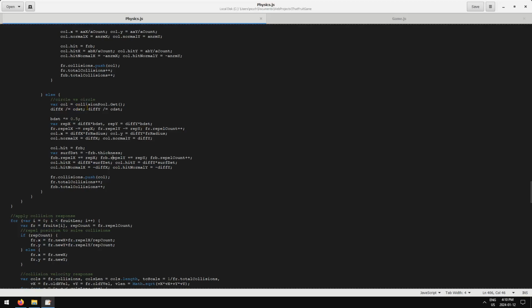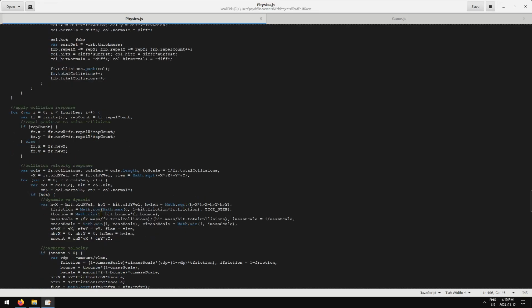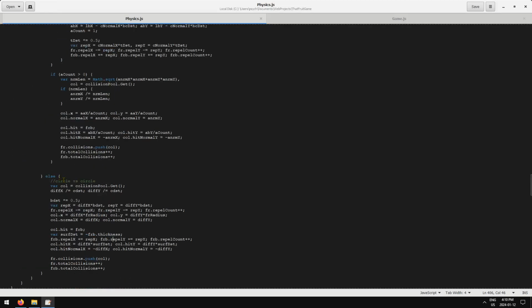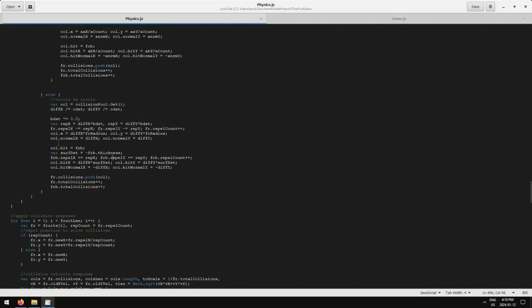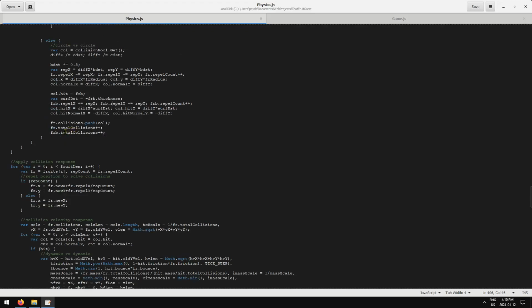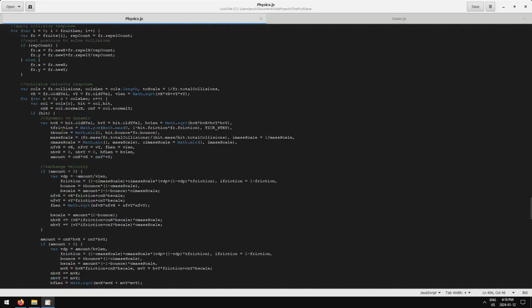When I went to program this collision velocity response, I found it was way easier to just have one collision object, store that in one of the objects, and then just count the total collisions. The reason we need to account for the total collisions is that if an object hits two objects, you can't just put all of the velocity in both objects. It needs to be split between both.